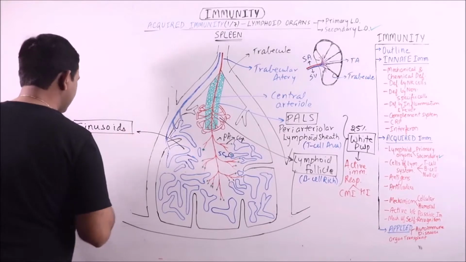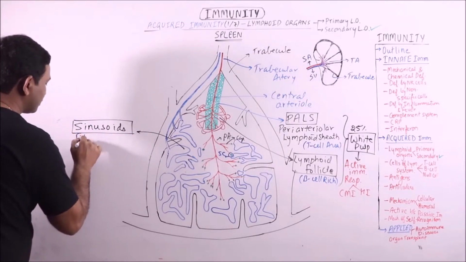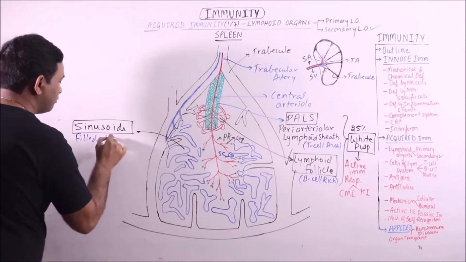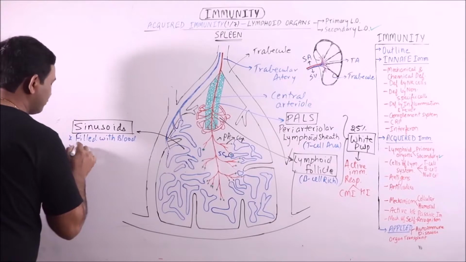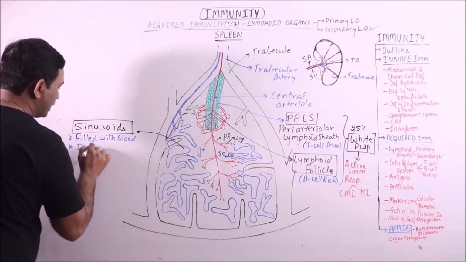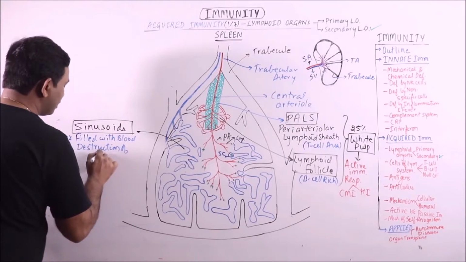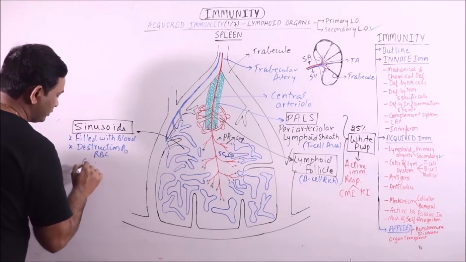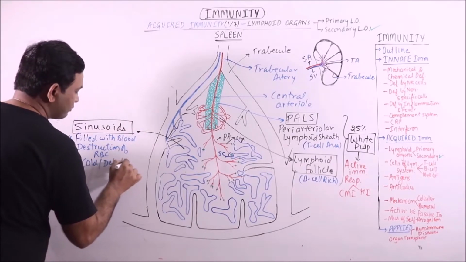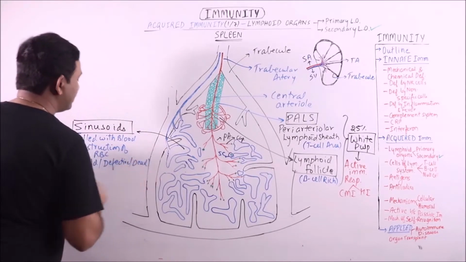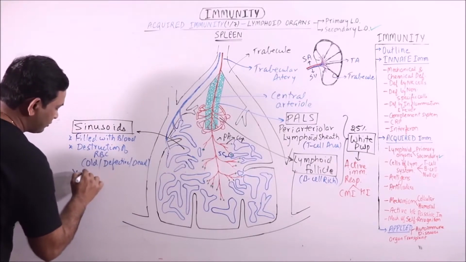These sinusoids are filled with blood, and they are mainly concerned with identification and destruction of RBCs which are old, defective or dead.